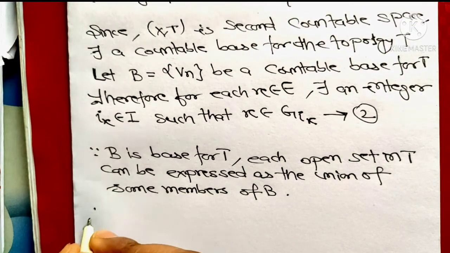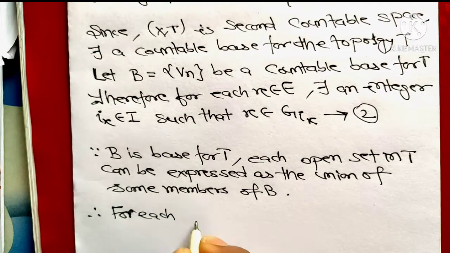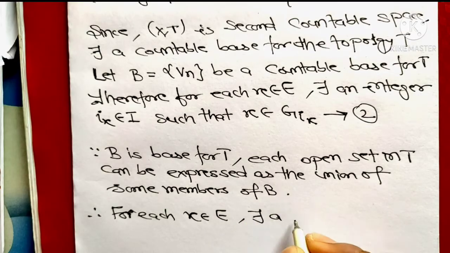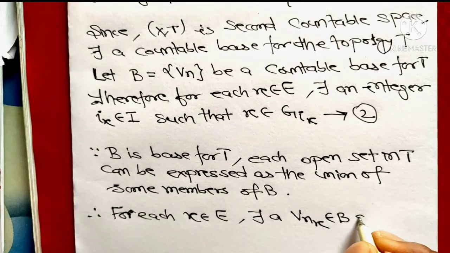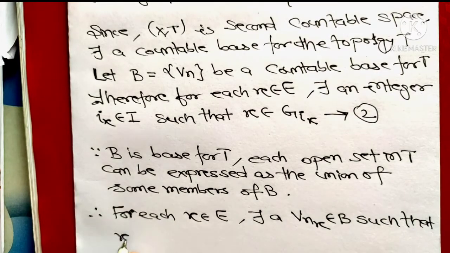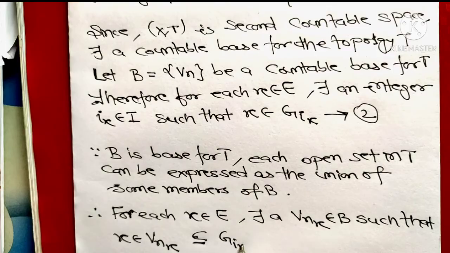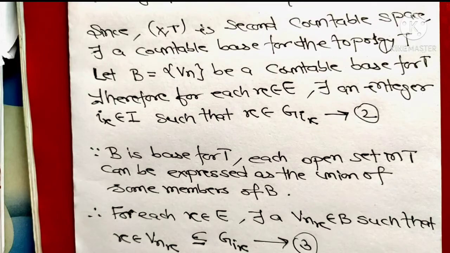Now, therefore, for each x belongs to E, there exists a V_{n_x} belongs to B such that x belongs to V_{n_x}, which is a subset of G_{i_x}. Call it equation 3.